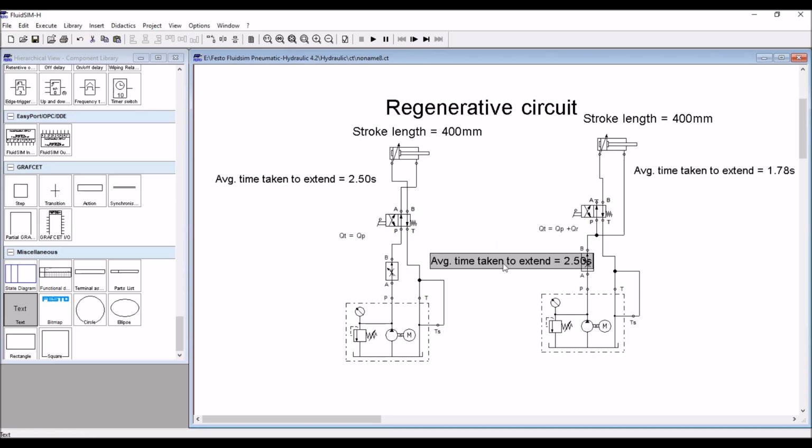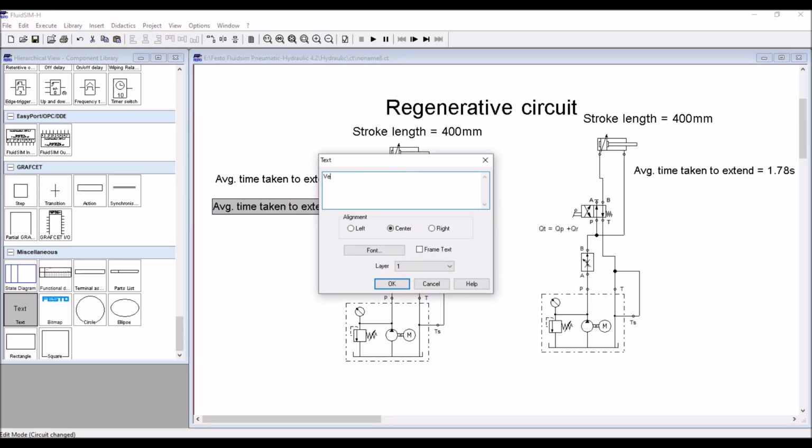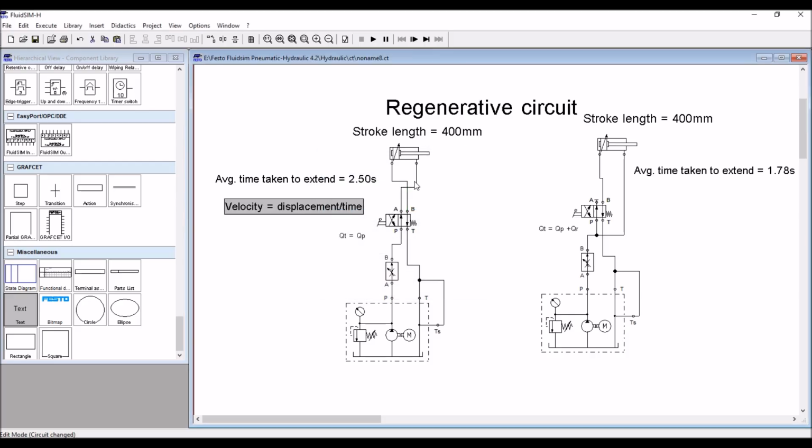Velocity is nothing but displacement per time, right? So apply this formula.